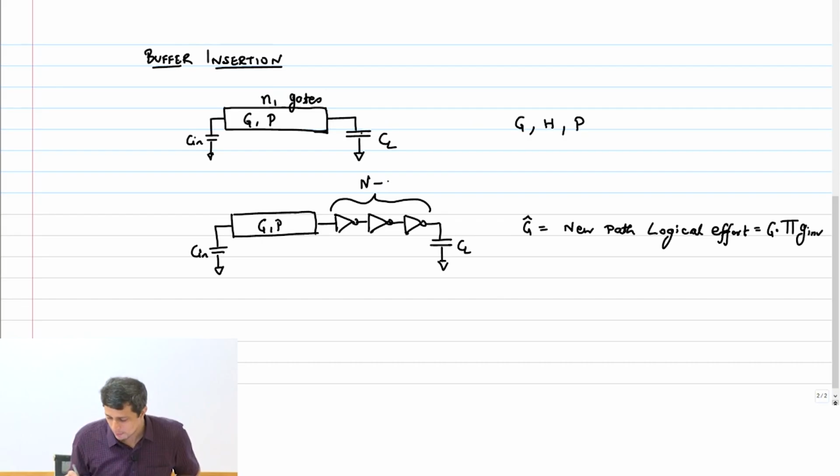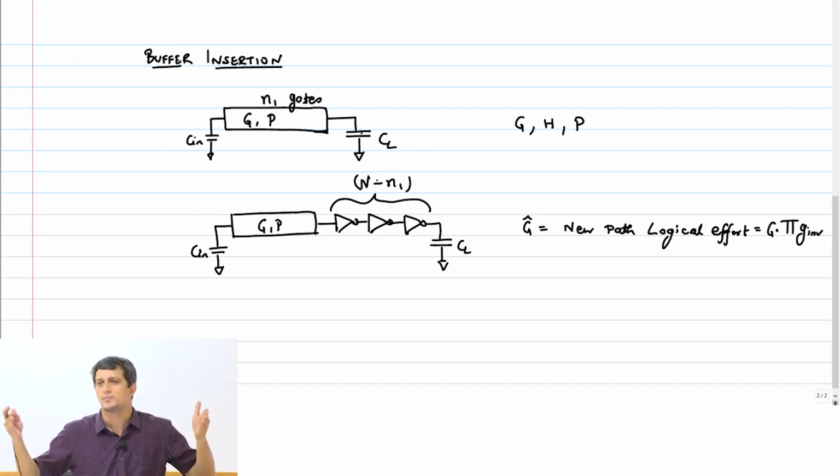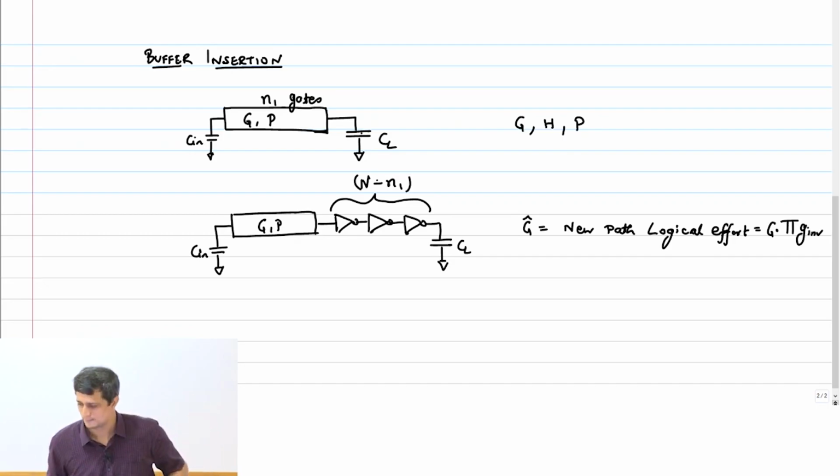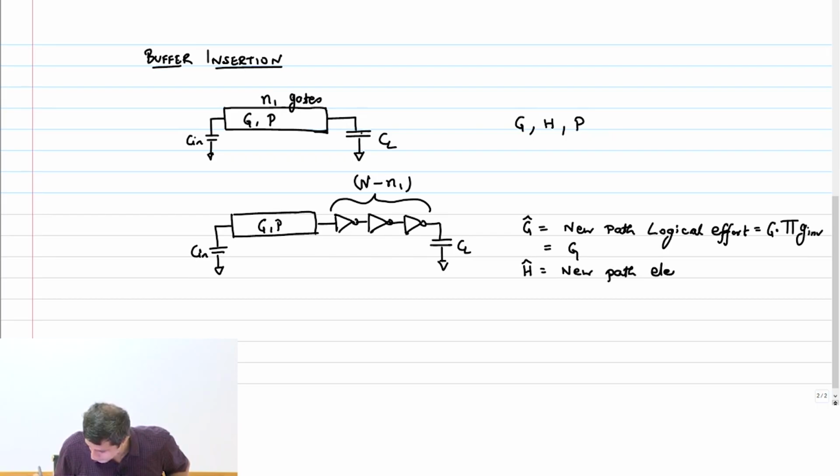I am going to add N minus N1 inverters, so that the total number of gates in my new path will be capital N. So this is still G. Now what's my new path electrical effort? Same thing, it's output load capacitance by input load capacitance. That is not changing. So that is also equal to H.